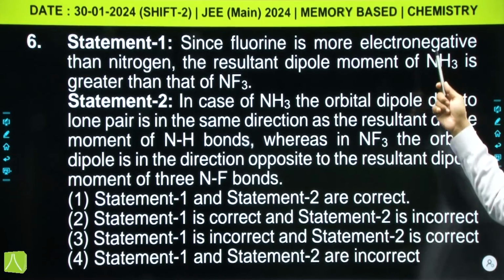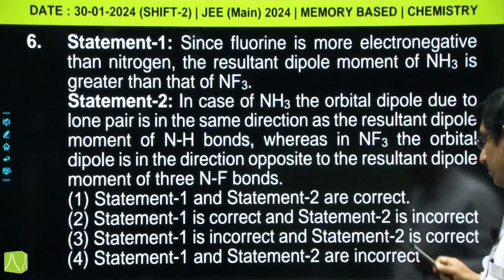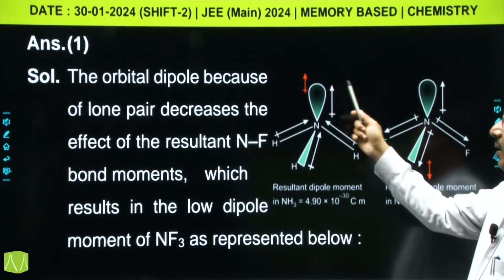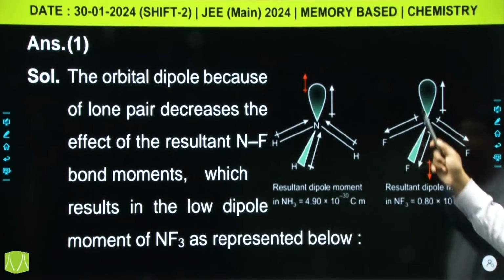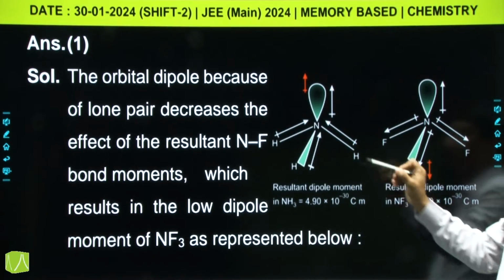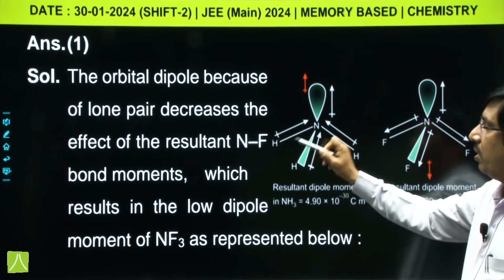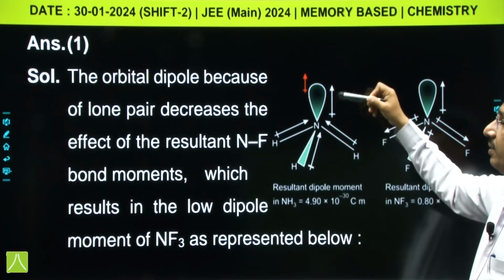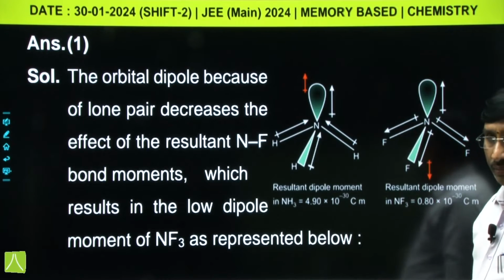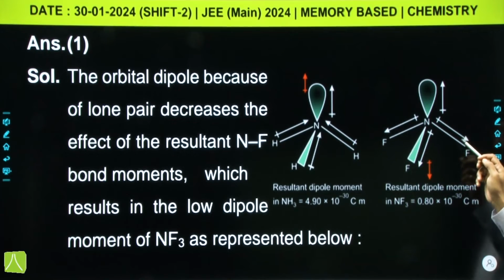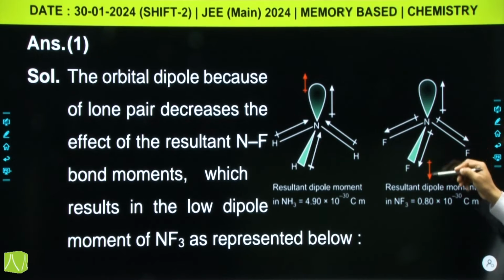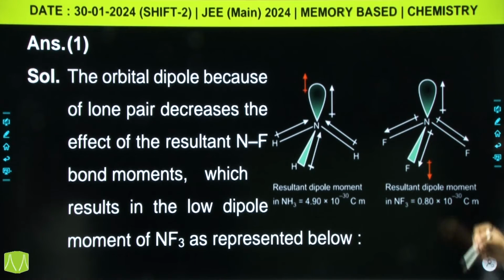Here both the statements are correct, because in NH3 and NF3 you can observe nitrogen is more electronegative than hydrogen. So, the bond moments are directed towards the lone pair, whereas in NF3 bond moments are directed towards the N-F bonds.